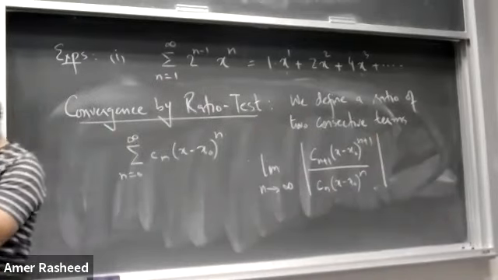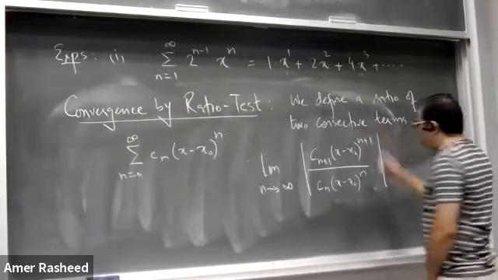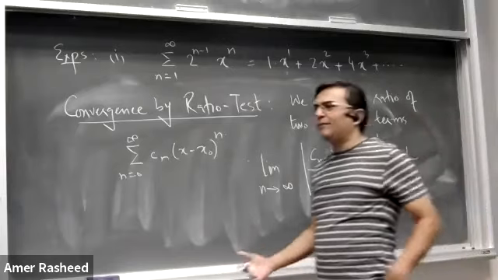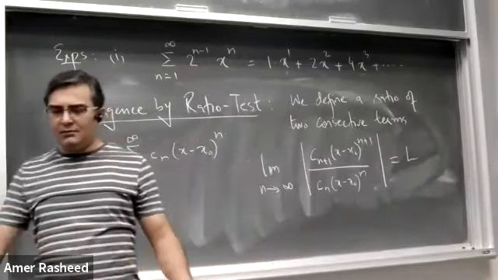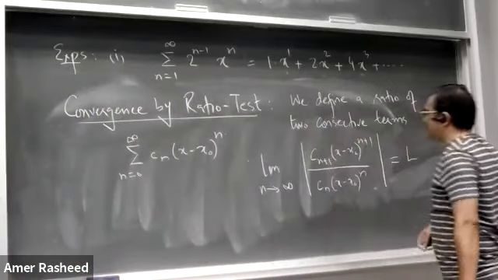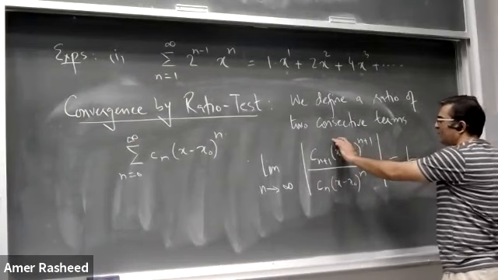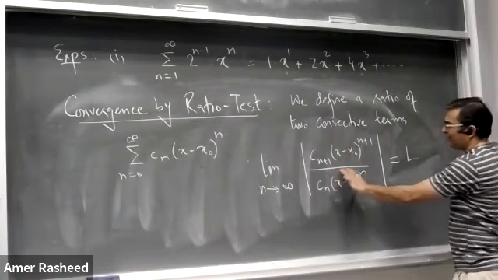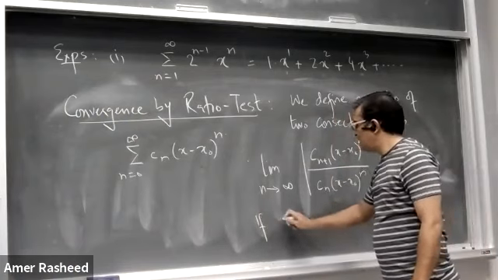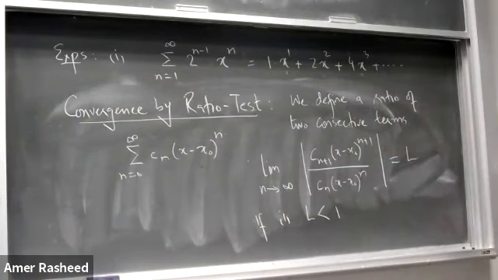If the limit of this ratio is finite, meaning it is some number L, then there are cases. If this number L is less than 1, what does it mean?